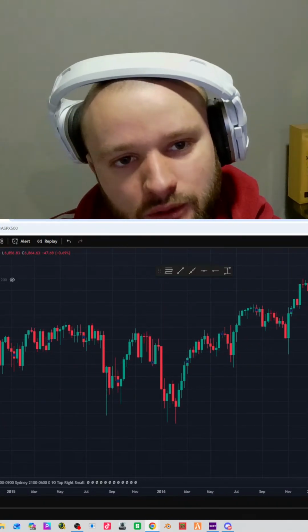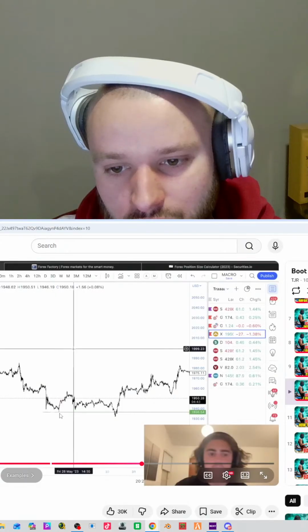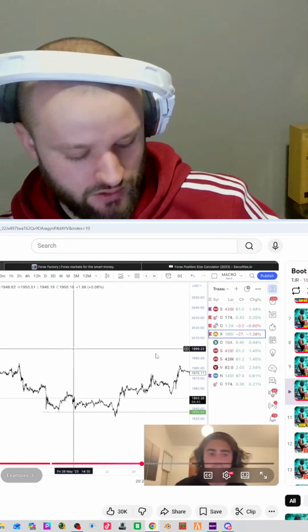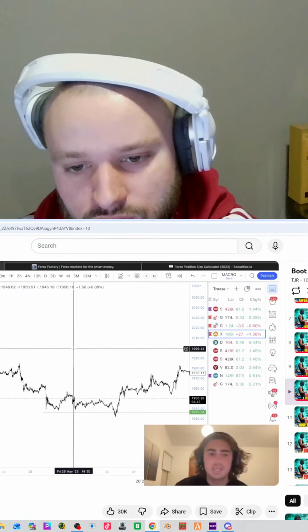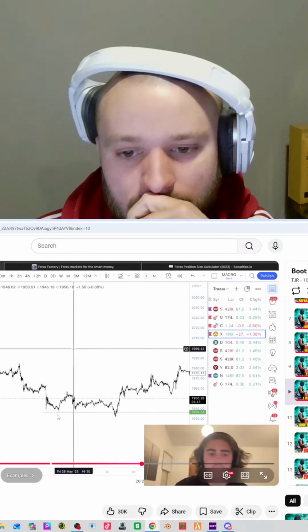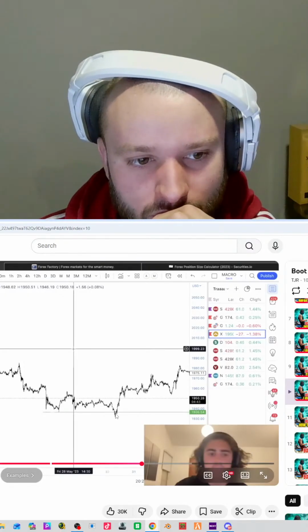Because what is the objective of a liquidity sweep? Here's a low, and it's to break a high, right? So if you're going low, here's the lowest low, and then it pops up, breaks structure.